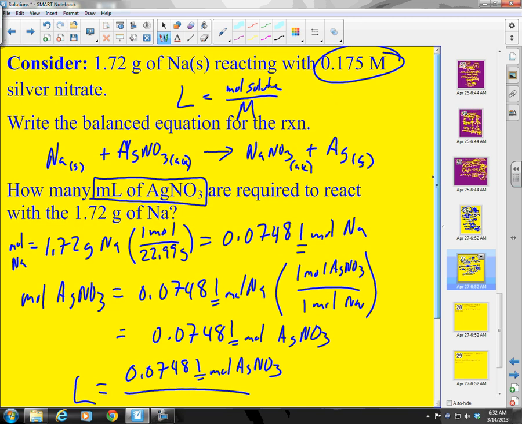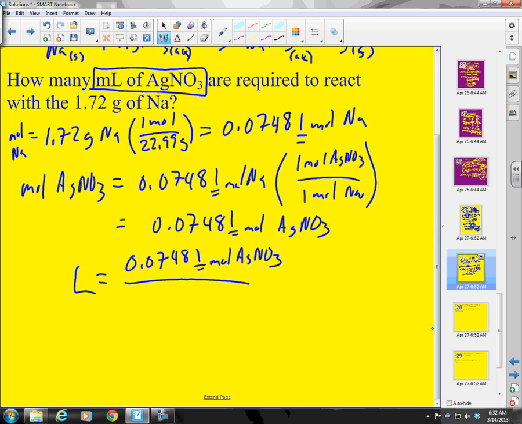What's my molarity? 0.175 molar. And what do I get? Divide by 0.175. Looks to me like I get 0.4275. So that would round to 0.428. What is that? Liters, but we want milliliters.